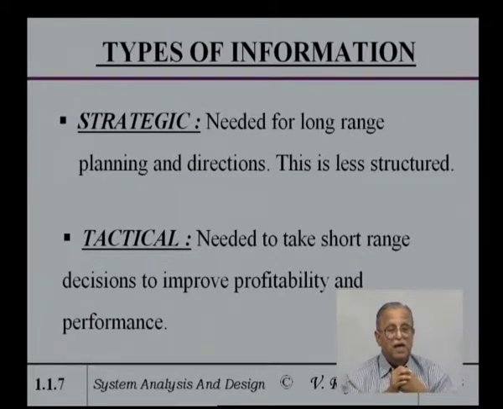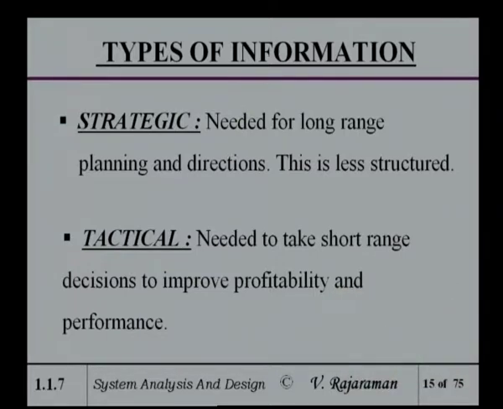Tactical information is needed for short range decisions to improve the profitability and performance. We saw an example of the use of a vendor quality index to decide which vendor you have to give your items. And these kinds of tactical decisions, like in the case of railways, it may be that you found overcrowding, or certain classes in the train are not occupied, whereas certain other classes are overcrowded.